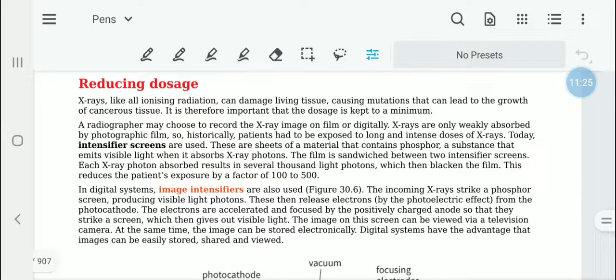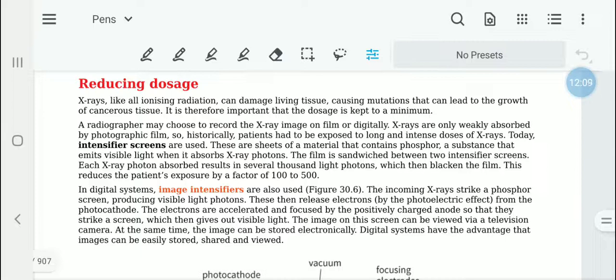Therefore, to reduce the dosage of X-rays, image intensifier screens are used which contain phosphor, which absorbs X-rays and releases light photons (within brackets: for each X-ray photon absorbed, several thousand light photons are released).